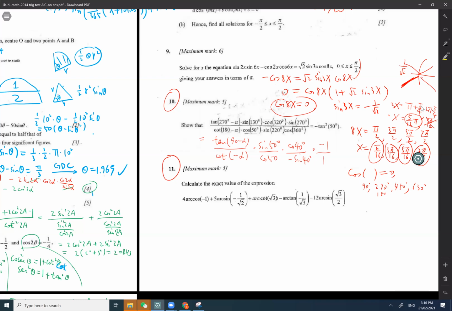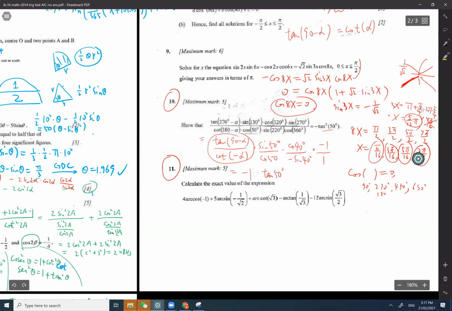Let's check if we can simplify something. Tan 90 minus alpha is the same as cot alpha. So this part, negative 1. Tan 50. Oh, we need tan 50.